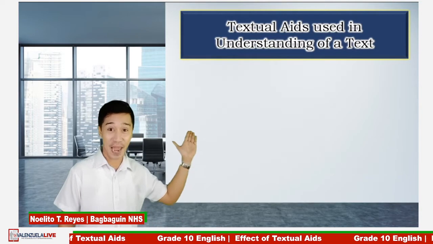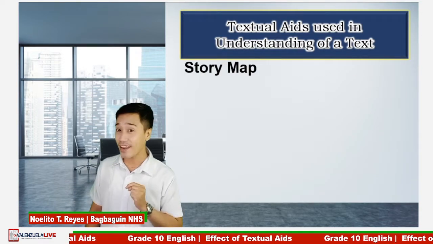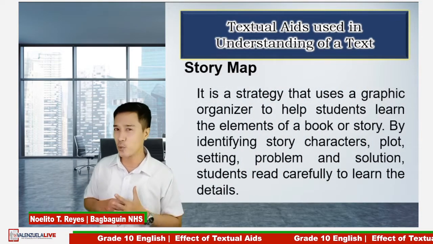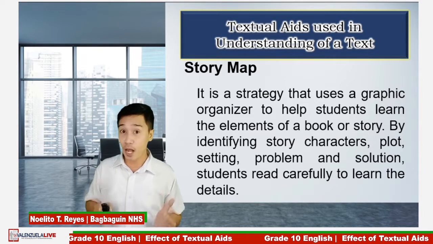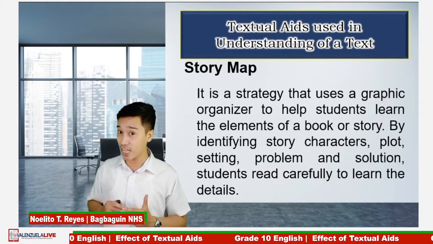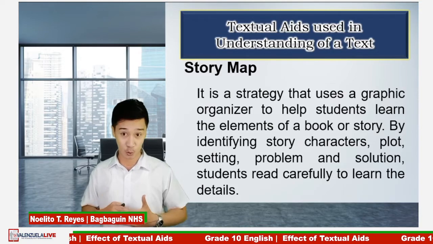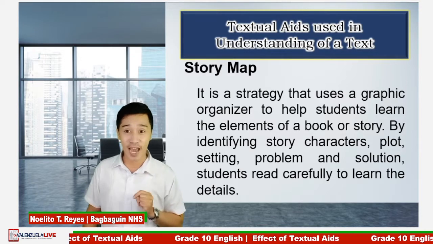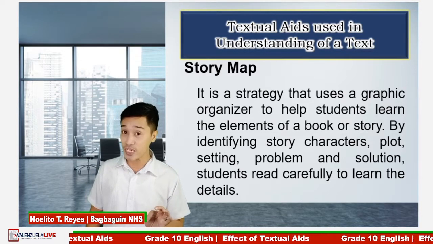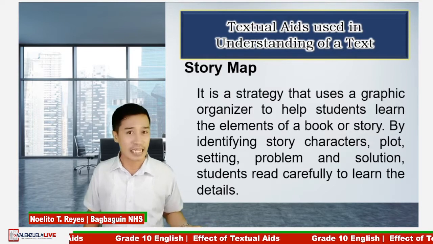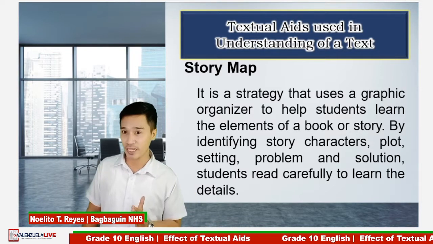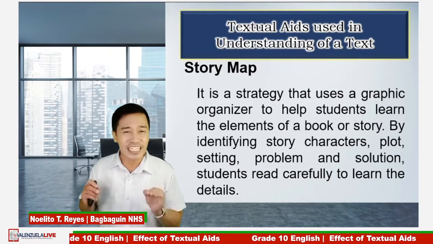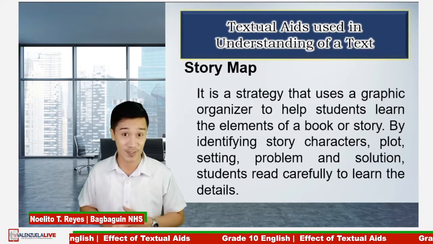A story map. It is a strategy that uses a graphic organizer to help students learn the elements of a book or a story by identifying story characters, plot, setting, problem, and solution. Students read carefully to learn the details.